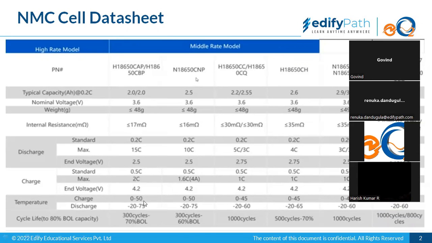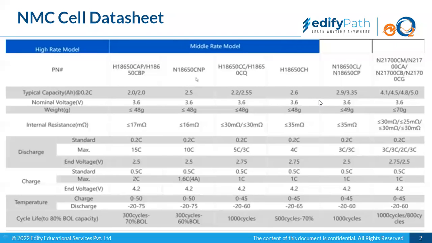Temperature, you can see, during charging and during discharging, the temperature ranges that they can withstand are also mentioned over here. And life cycle. As we have discussed, the life of a normal lithium ion battery, or any battery, is given in the form of cycles. One charging and one discharging would be called one cycle.